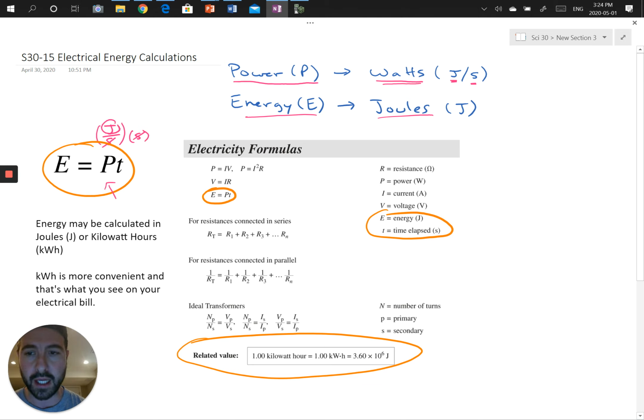Now, there is one catch to this, and that is that energy can also be measured in something called kilowatt hours. And again, that's power times time, just like our formula is. Kilowatts is power, it's 1,000 watts, and hours is time. So there's two different ways that we can look at it. Joules and kilowatt hours are two ways of describing basically the same thing.